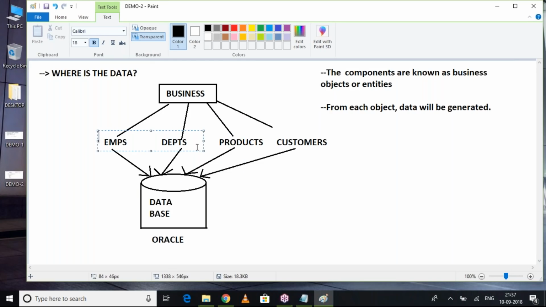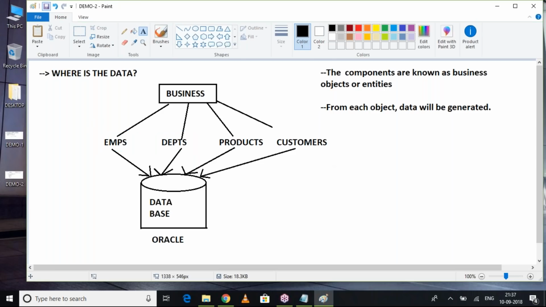Any department in the company should contain at least one employee. If there is an employee, he should be working under a department. If there is a department, the department must contain some employees. So employees and departments are related objects, related entities.